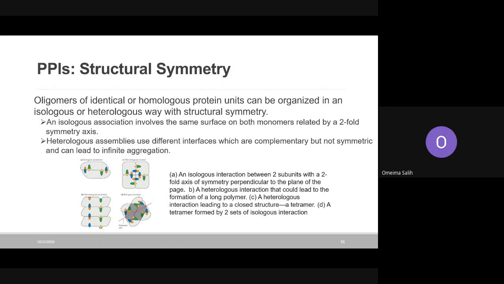So isologous, they are symmetrical in very simple words. Heterologous, they are non-symmetrical, and we define symmetrical and non-symmetrical by a perpendicular plane of the protein's final conformation and structure.